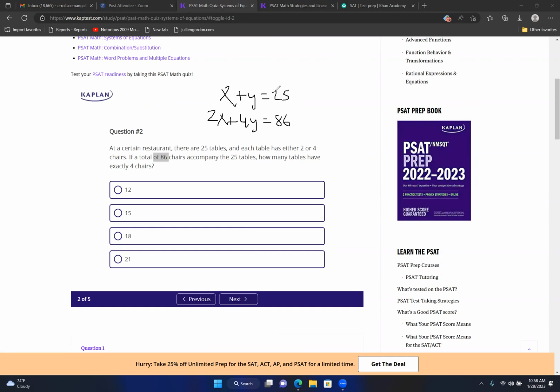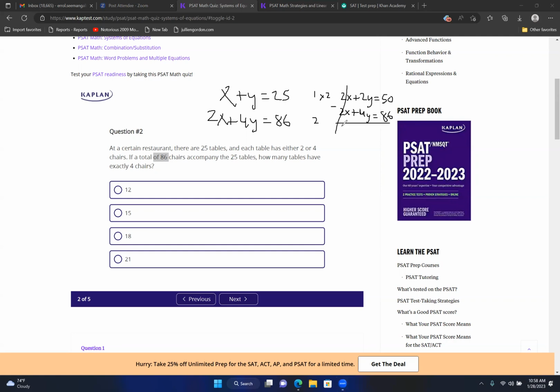If we take the first equation and multiply by 2, that's equation 1, that's equation 2. If we take the top equation and multiply by 2, what do we get? 2x plus 2y equals 50, right? And then keep the second equation, 2x plus 4y equals 86. Now, do we add or subtract? We would subtract here, right?